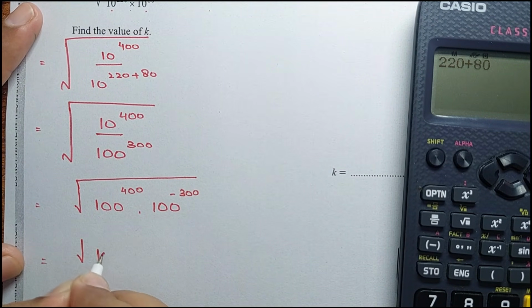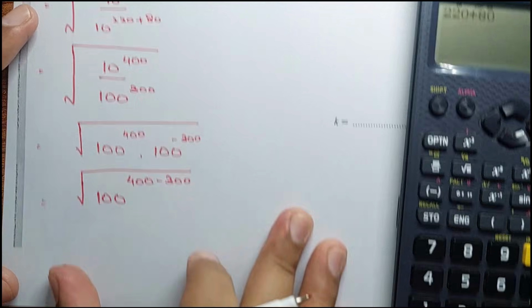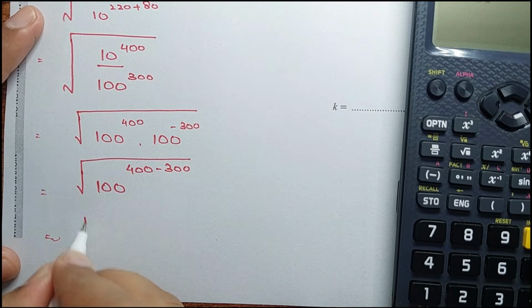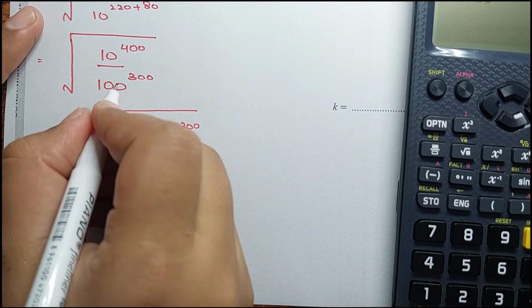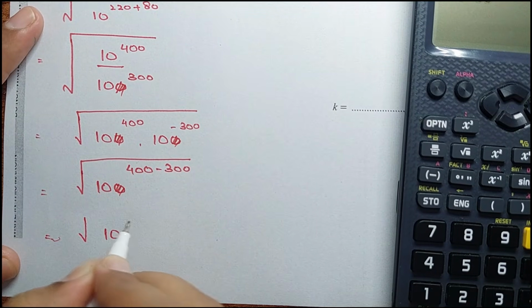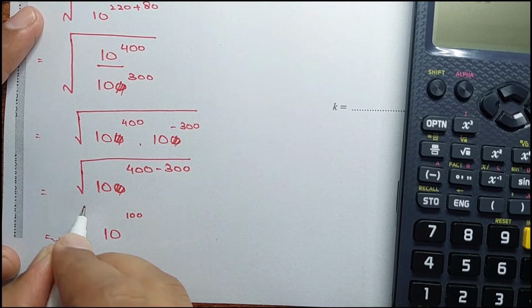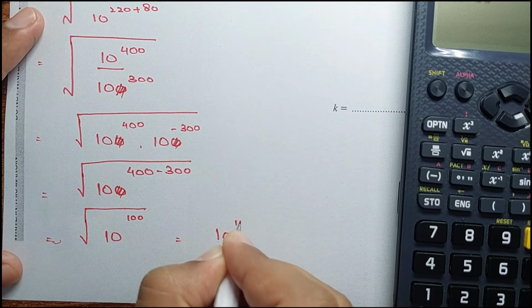Now the bases are the same. Again, we can simply add the powers, 400 minus 300. Right. Further simplification gives us 10 to the power 100, because 400 minus 300 is 100.